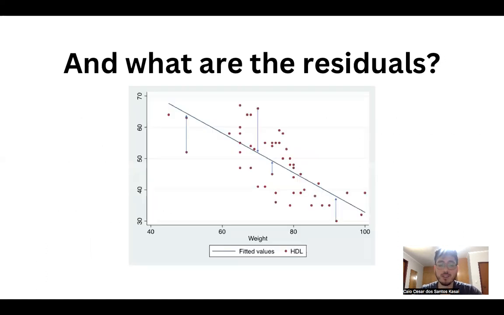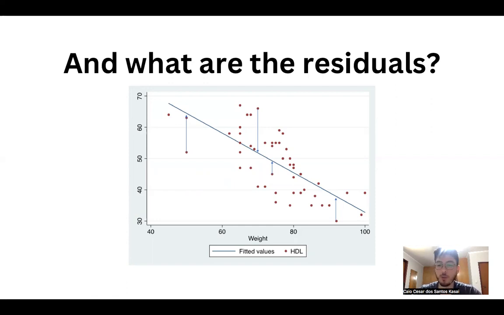And if you go back to the graph, you can see that the residuals are the difference between the actual value and the fitted values. You can see that there are dots above or below the fitted values, so there will be positive residuals and negative residuals.